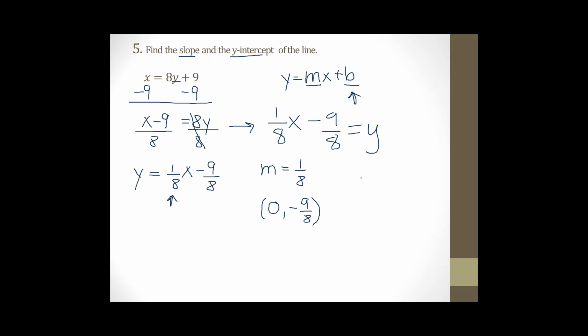It's basically saying, if A equals B, then we can say that B equals A. So that's what we did so that we can make our equation look just like slope-intercept form, and so we can identify the m, which is the slope, and the b, which is the y-intercept. And we have the y-intercept as an ordered pair. So hopefully that helped clear up some things.